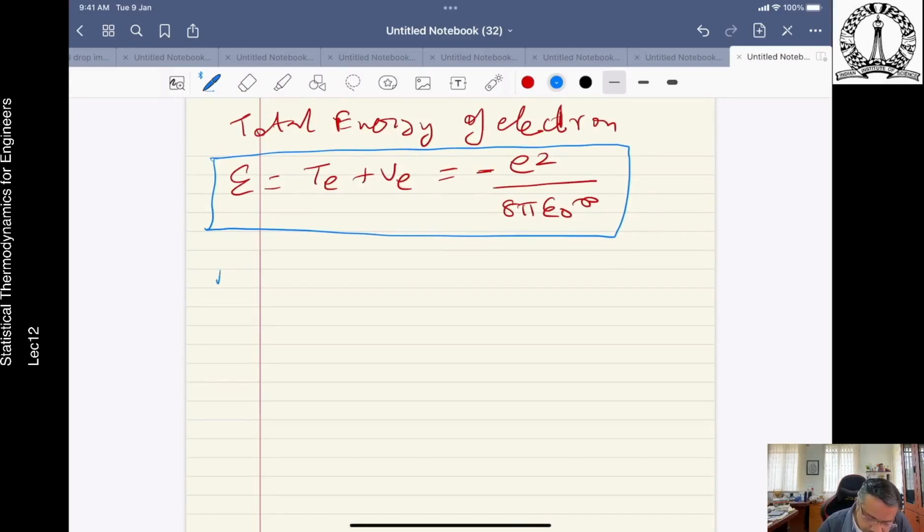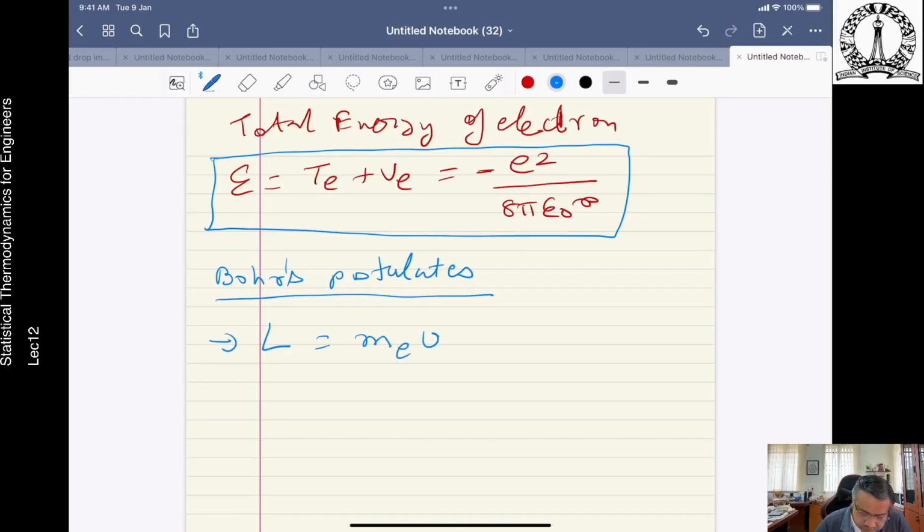Now, Bohr had the following postulates. These are postulates, remember. He said that the angular momentum is quantized, where it is equal to n h by 2 pi, where n is equal to 1, 2, 3.